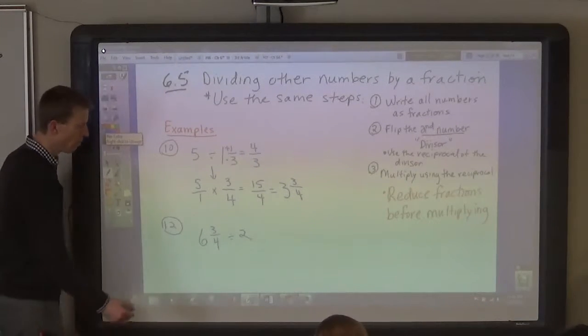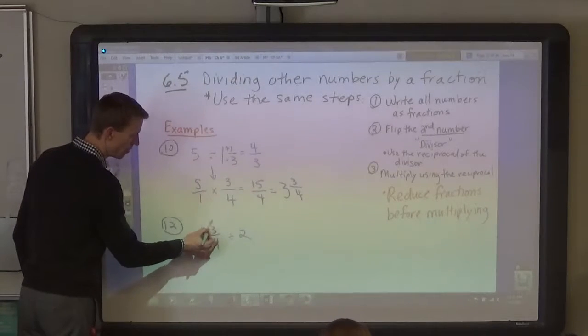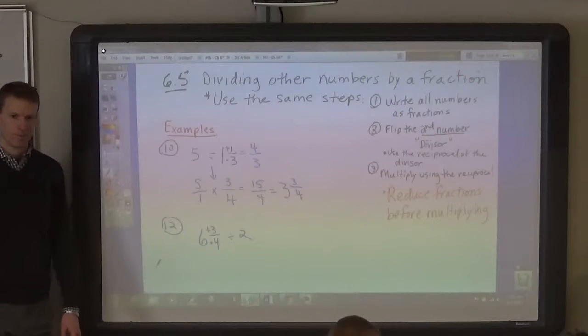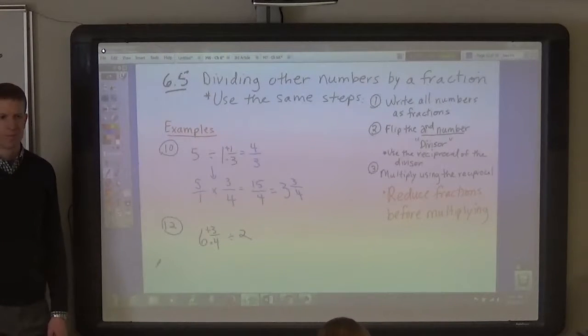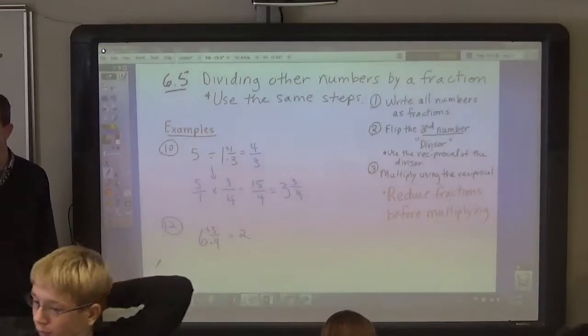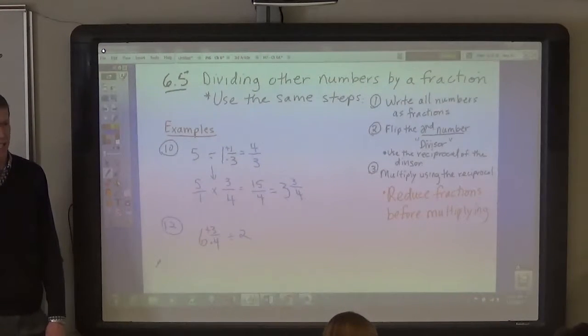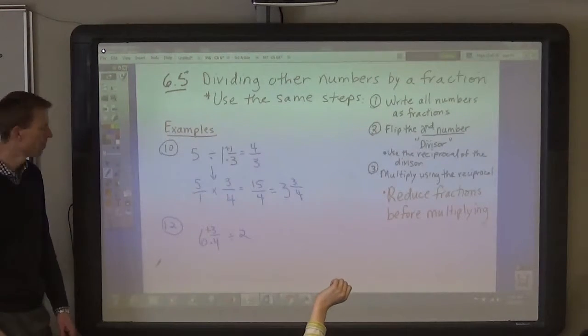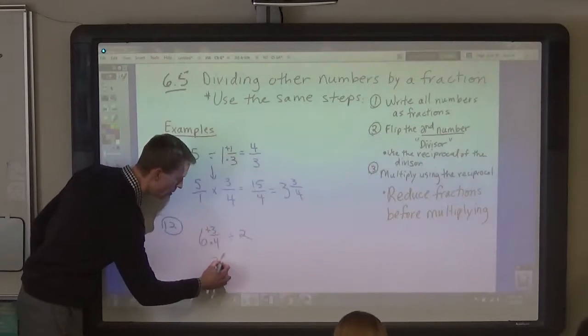What is 6 3/4 as a fraction? Anyone? 6 3/4 as a fraction. Who has that answer? Looking for 4 or 5 people with that answer. Kaden? 27/4. Good.